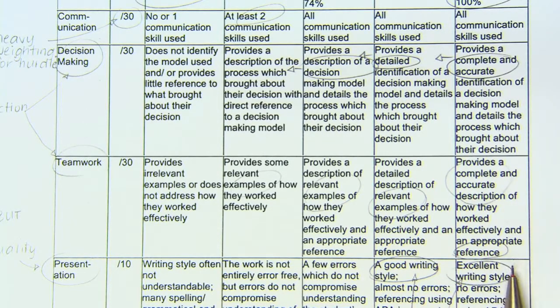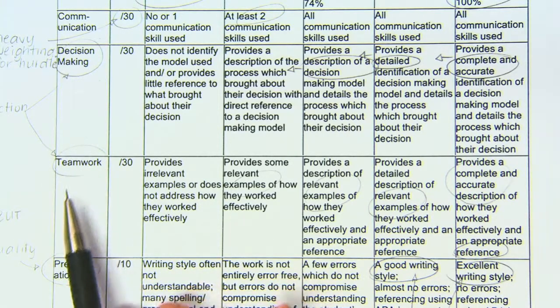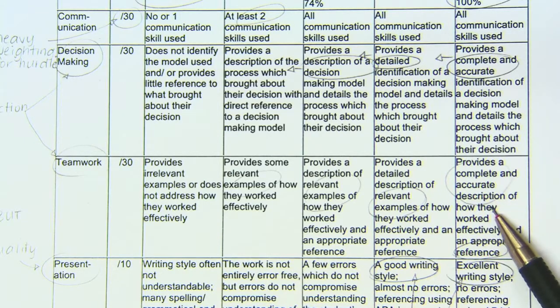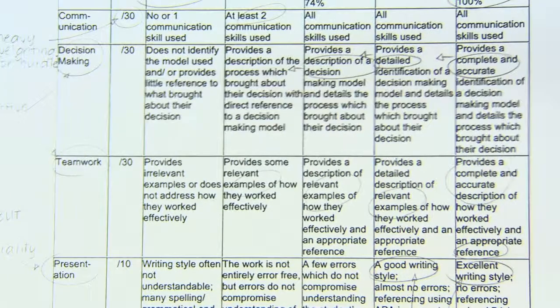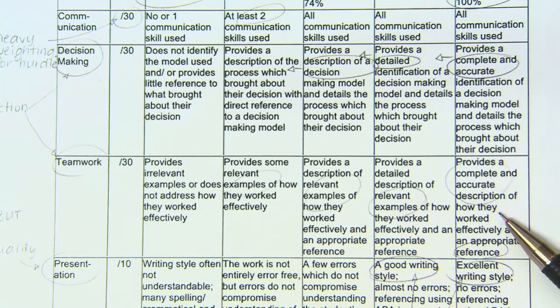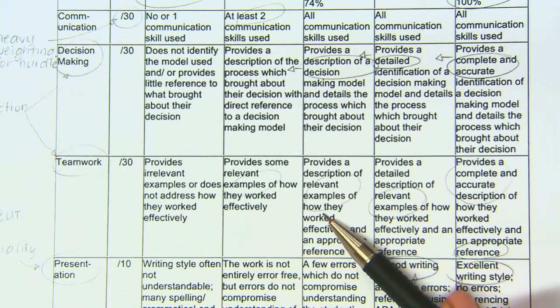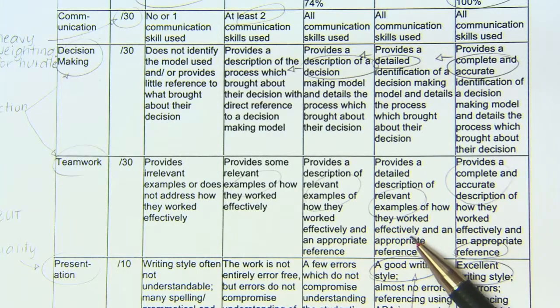So my next suggestion would be that the second or the third criterion would be use of evidence, and at the top level the student would have used good examples and appropriately applied a reference to their argument. At the levels down from there, you will see that there will be a decrease in either the quality or number of examples or the quality of the use of evidence to make the argument.